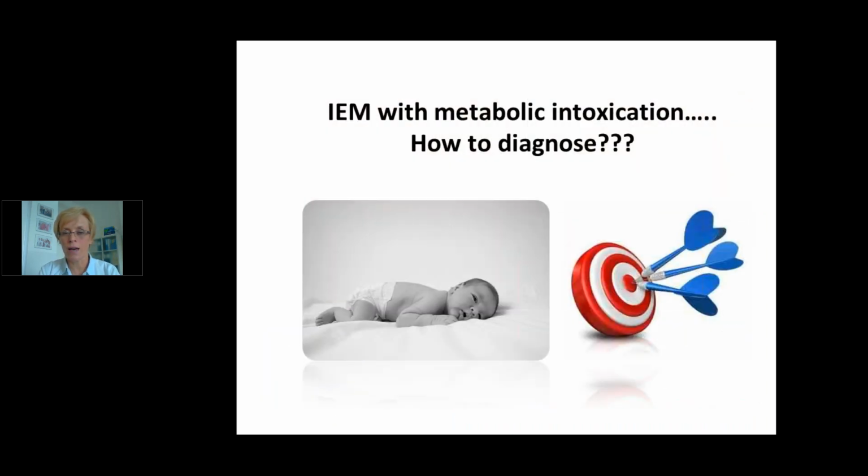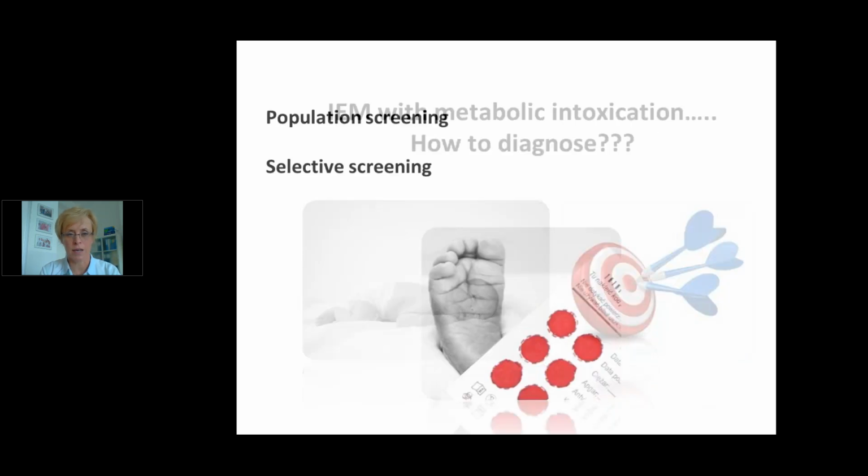Okay, so now we have a child, we have a reasonable suspicion of inborn errors of metabolism, and how do we diagnose these children, how do we come closer to the final diagnosis?